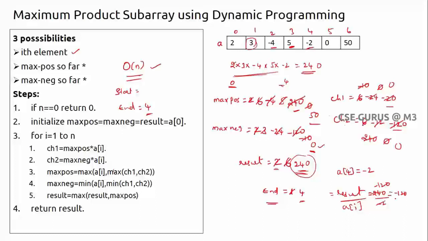So -120 divided by the next value, 5, gives -24. Next again you divide: -24 by 4, which is -6. Now -6 divided by, sorry, it is -4, right? So you will get +6. So 6 divided by 3 is 2. 2 divided by 2 is 1.